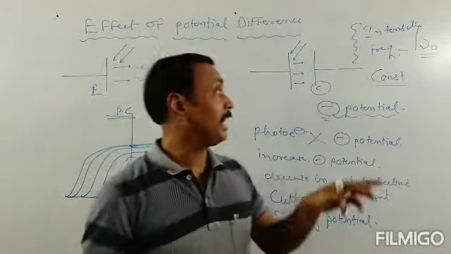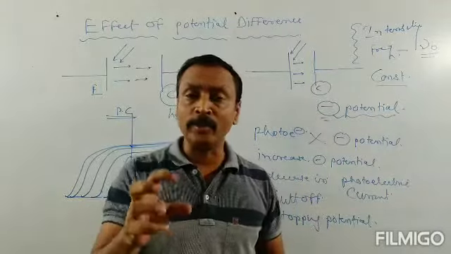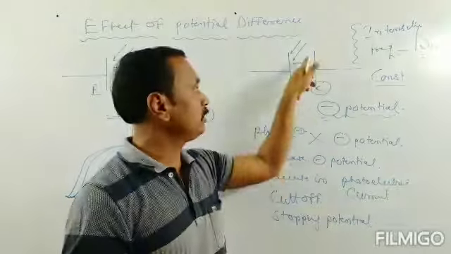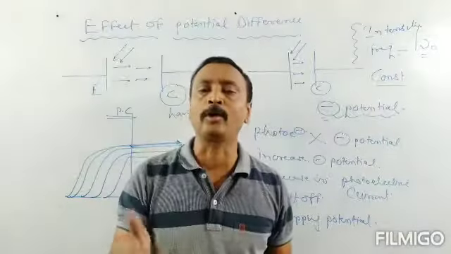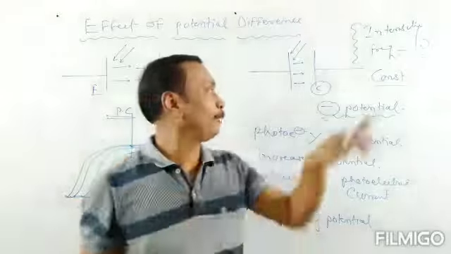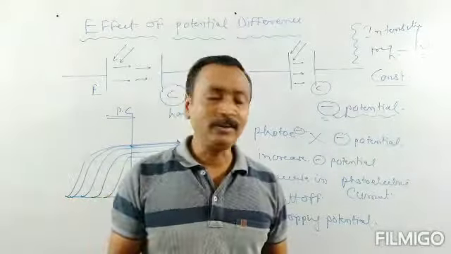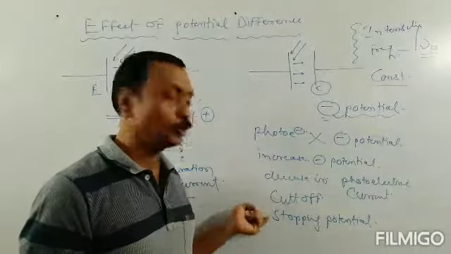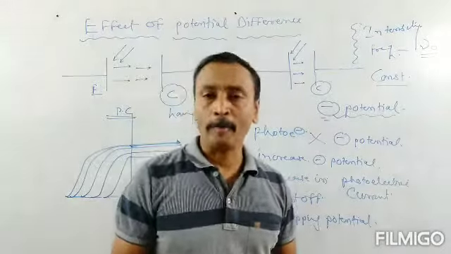That means that if the negative potential is as strong as the speed of the photoelectron, no photoelectron reaches the collector plate. That's why that point is called the cutoff point or the stopping potential.